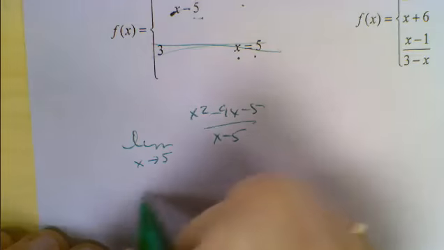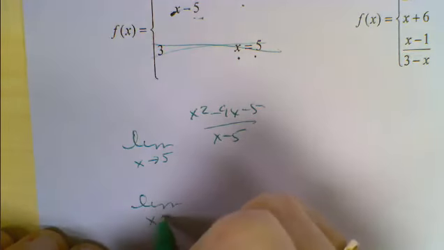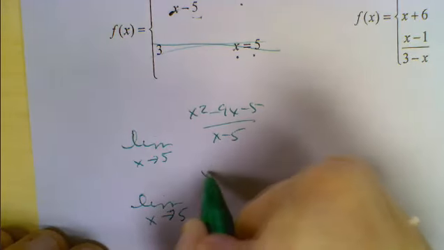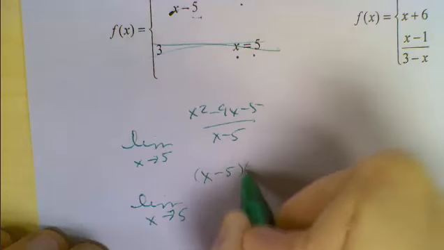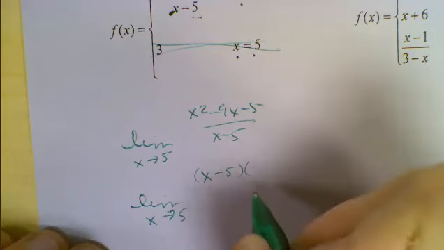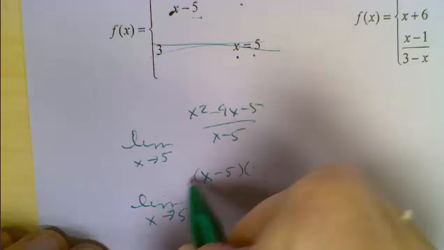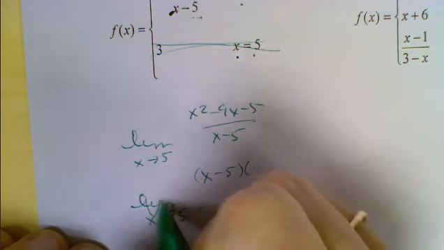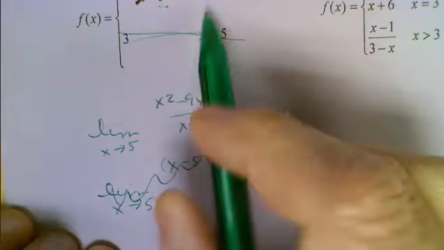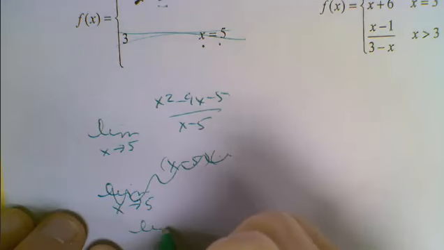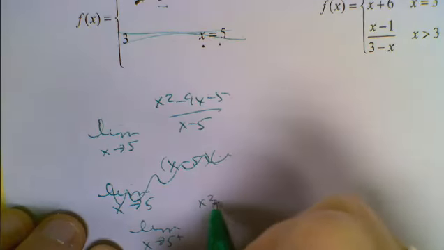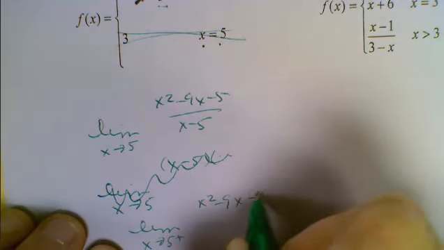So does that factor, because I can't put in a 5? x minus 5, no, it does not factor. So since it doesn't factor, again, that's a vertical asymptote. So now I have to say, okay, if that's a vertical asymptote, what happens as I come from the left side, and what happens as I come from the right side?